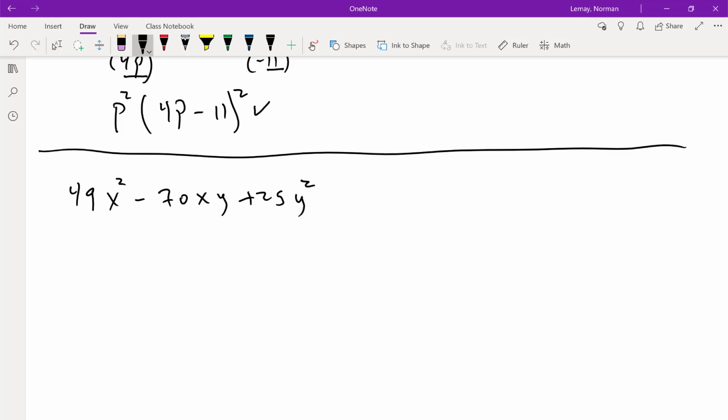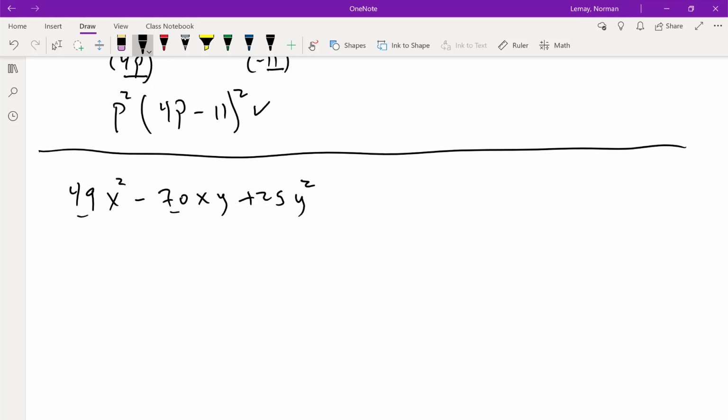We do have a 7 here and a 7 here, but that's about it. I don't get the 7 with the 25, so there's no greatest common factor. Look at the variables. I got x squared, I got an xy, and I got a y squared, so there's nothing I can pull out regarding the x's and the y's. That is within the 3 terms.